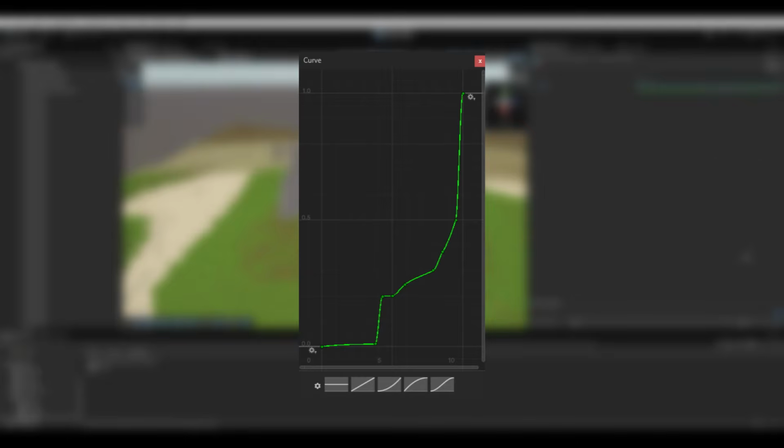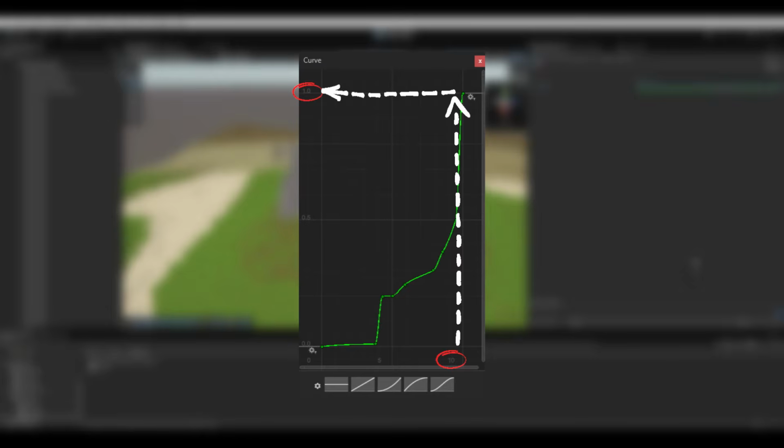I used 0 through 10 for continentalness, so we're going to get a Perlin noise value from 0 to 10, and then the value that gets returned maps to a certain point. So if we return 10, we will get a height of 1, and then I just multiplied that by 100, so we would get a height of 100.